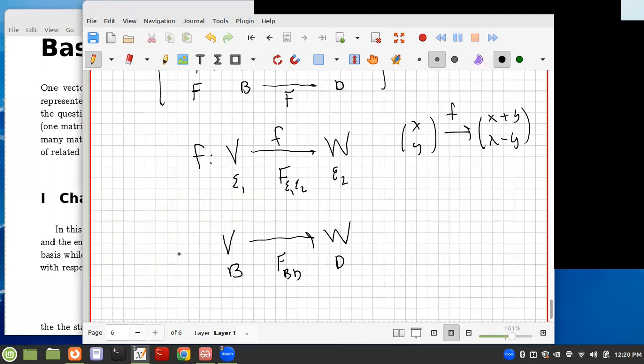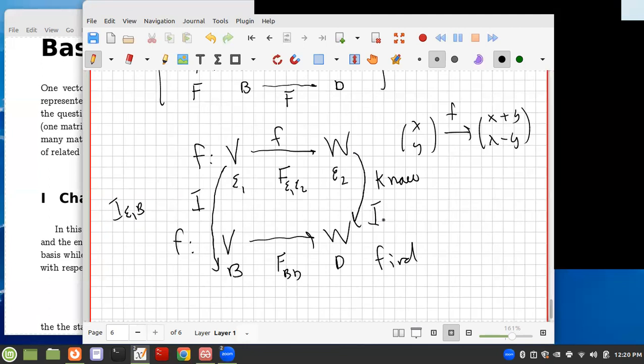So this is still the map F, but one way to do this is to find the map that goes from V down here, the identity matrix here that takes you from the standard basis to basis B, and the one here that takes you from E2 to D, right?